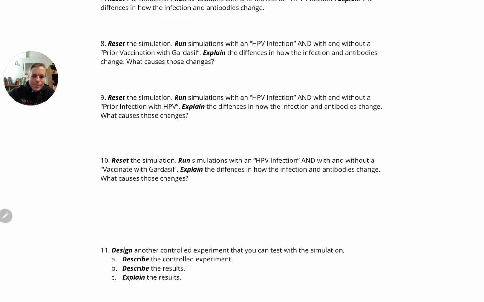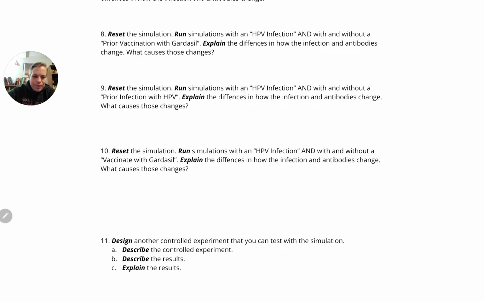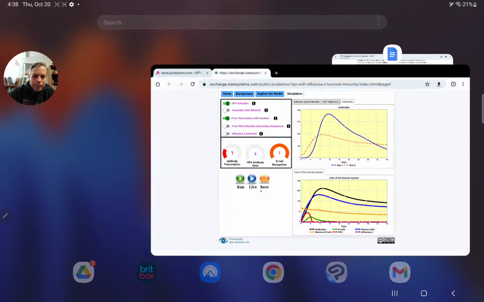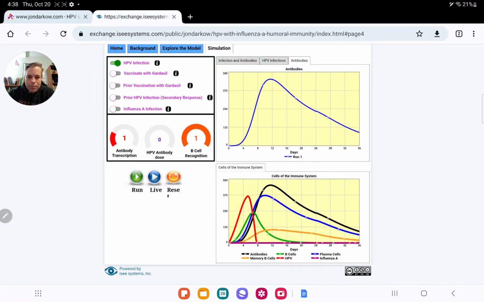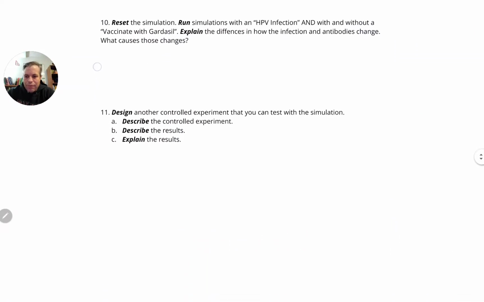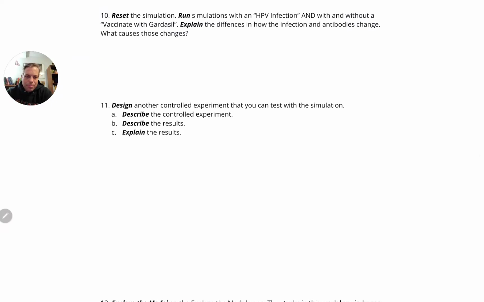So what this difference is in this one, we reset normal conditions, but now we vaccinate with Gardasil. That's just saying, all right, let's give them an infection and the vaccine at the same time. And really, we aren't seeing a difference because the vaccine is taking time, just like an infection takes time to elicit the immune response.